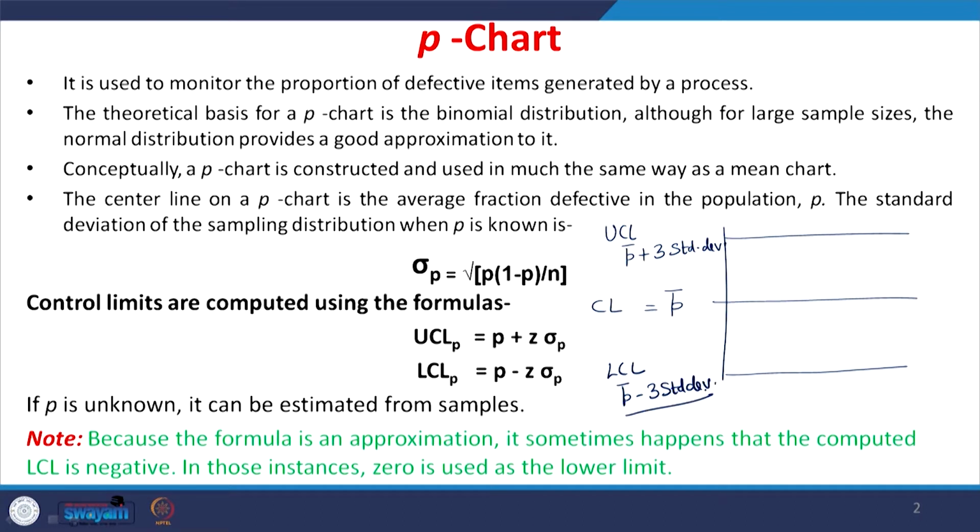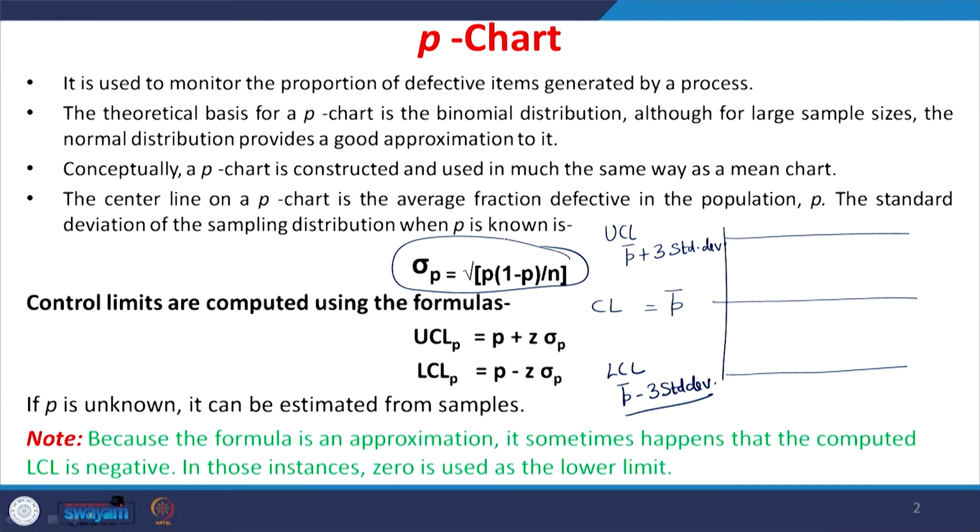So, you have to determine the value of the standard deviation, and it can be calculated from this formula.